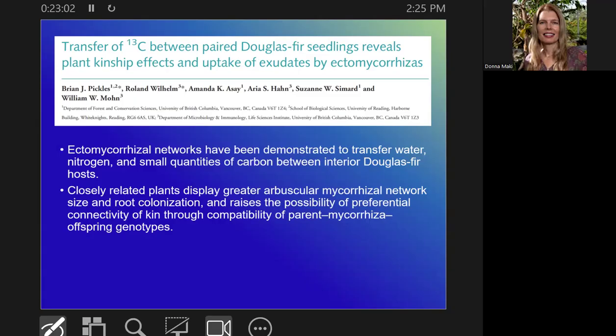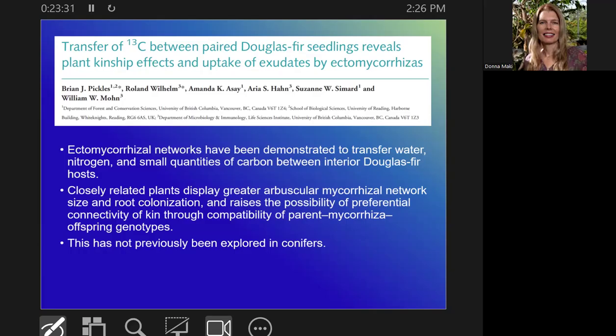But the second bullet point was referring to the kin: closely related plants display greater network size. That's been published by other scientists that work with arbuscular mycorrhizae, showing this kin idea. So they asked, could this happen in Douglas fir with ectomycorrhizal fungi? And they decided to explore this idea.